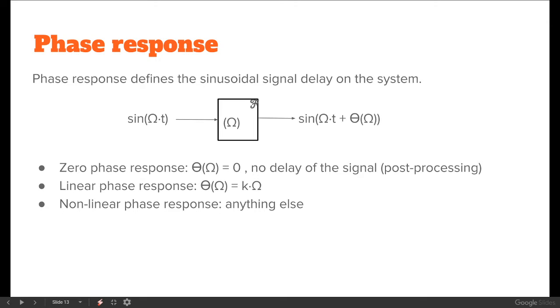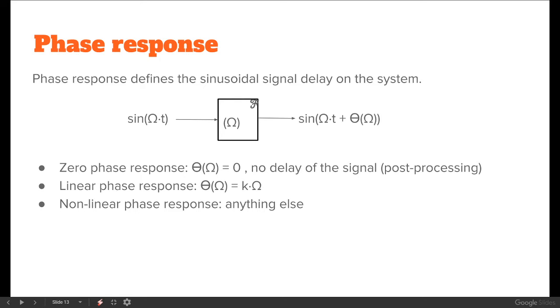Okay. Another important case: if the phase response is linear, meaning you have some constant K times omega. Why is it historically K, not C? It doesn't come from English.